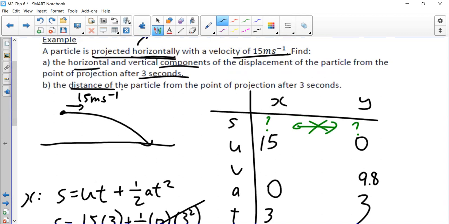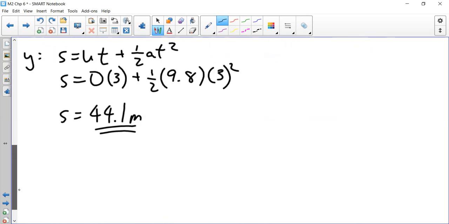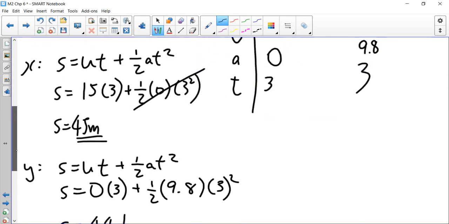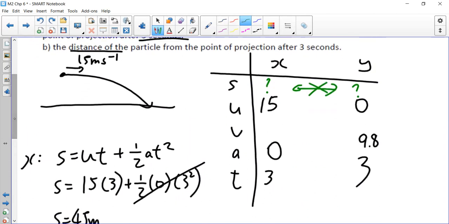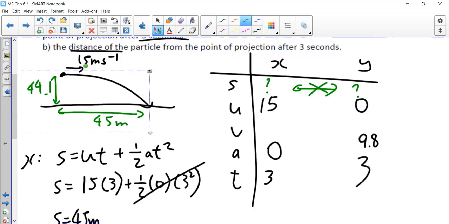Part B, find the distance of the particle from the point of projection after 3 seconds. So what's the difference between distance and displacement? What we're told is that's 44.1, that's 45 meters. That's what we found out in part A. Distance is if you use a ruler and make a straight line from point A to point B. What do we use?